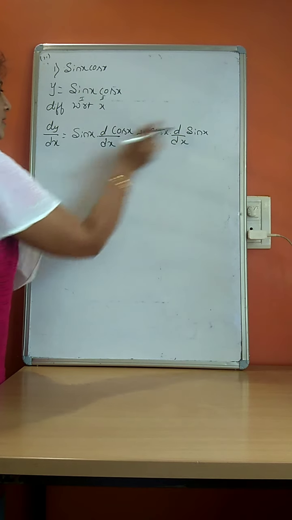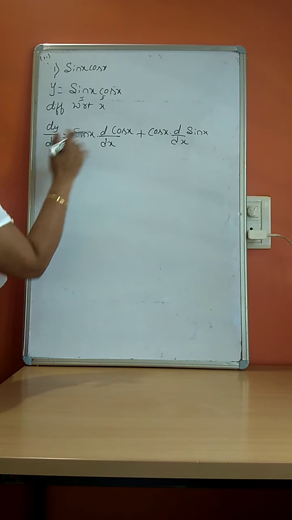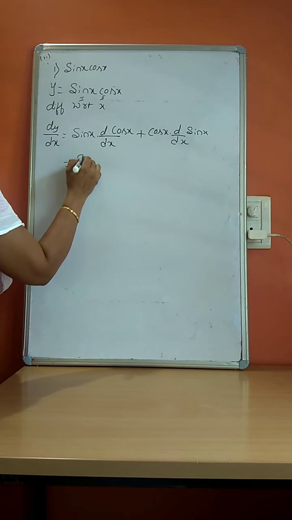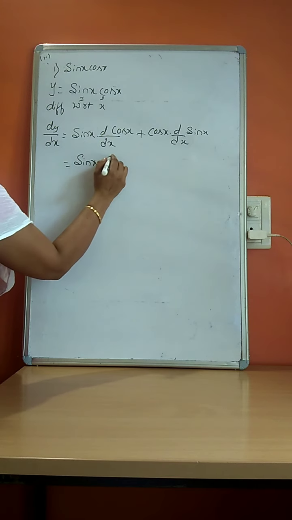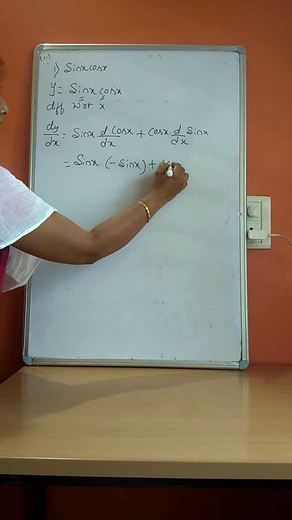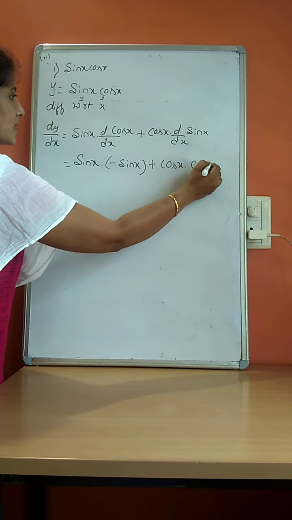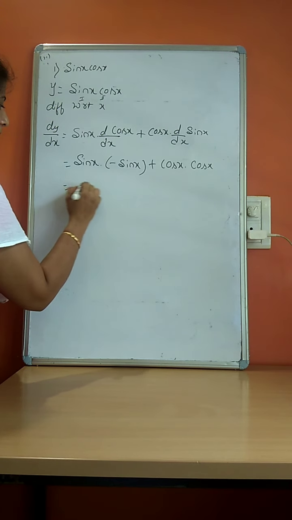Is it? No. See, once you know the product rule, there is no necessity of writing like this. Direct differentiation. Sin x into differentiation of a cos x is what? Minus sin x plus cos x into differentiation of a sin x is cos x. This must be is equal to what?